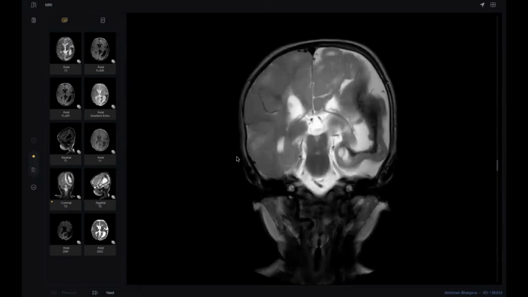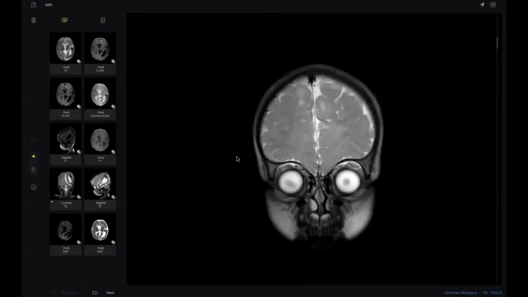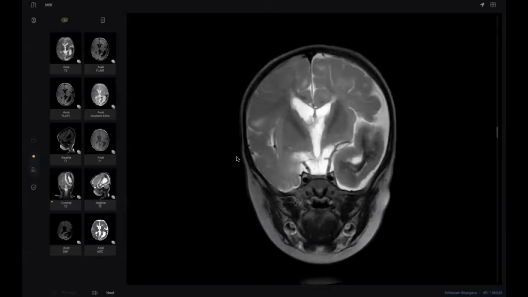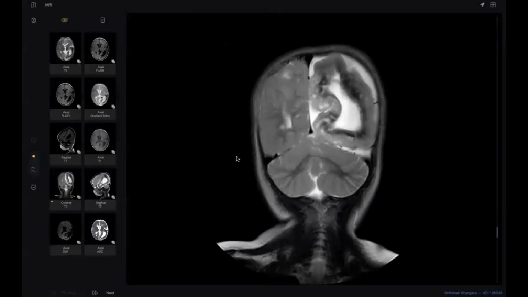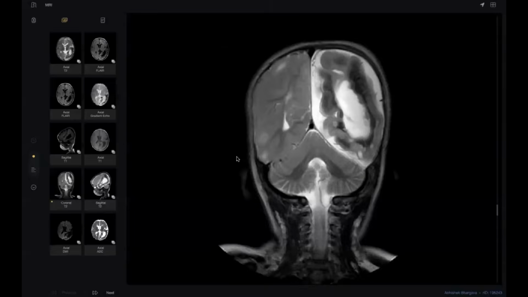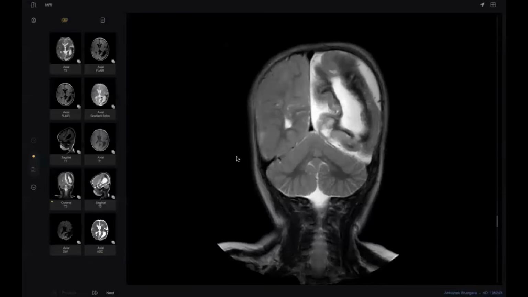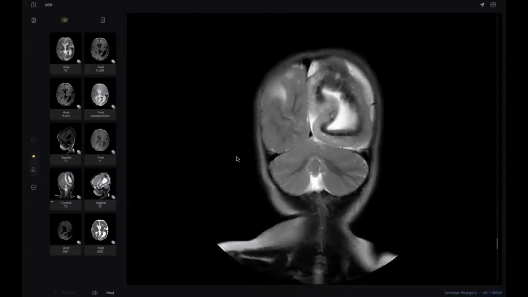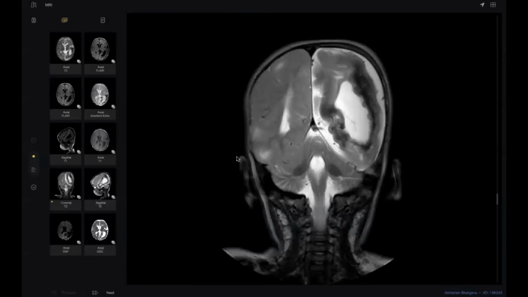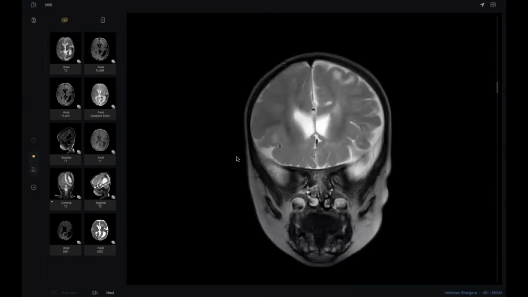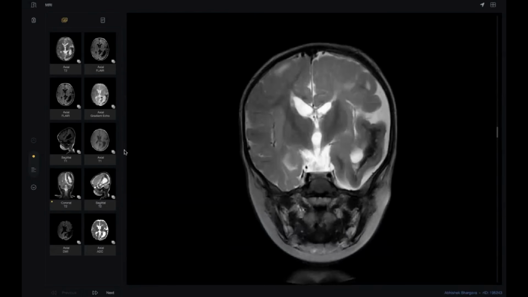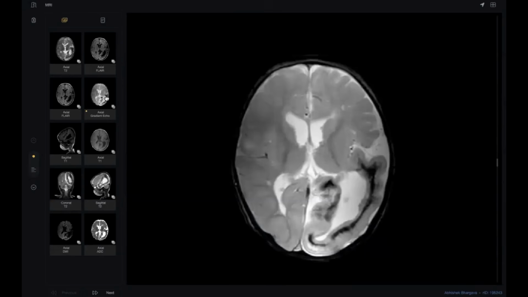So on this T2 coronal sequence, I can appreciate left-sided cortical atrophy with encephalomalacic changes and ex vacuo dilatation of the occipital horn of the left lateral ventricle. There are also diffuse subcortical T2 hypointense signals likely representing calcification, that I would like to check on any prior CT imaging if available.